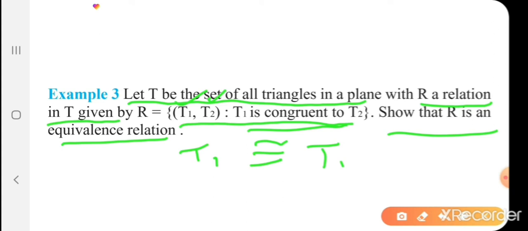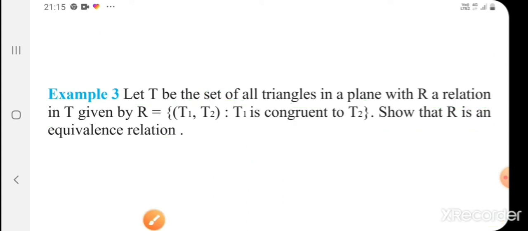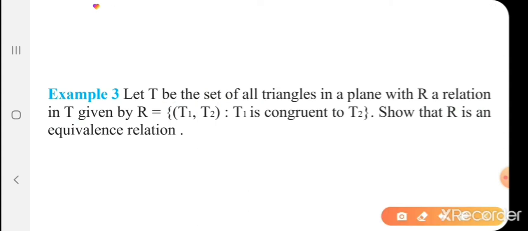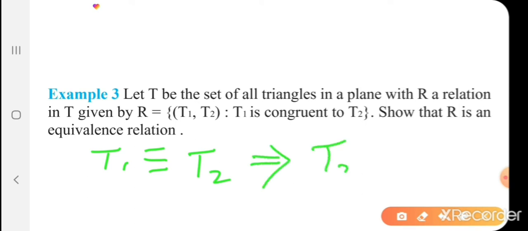Then the second one, you have to show symmetric. T1 is congruent to T2, and conversely T2 is also congruent to T1. So T1 is related with T2 and T2 is related with T1. So it is symmetric.